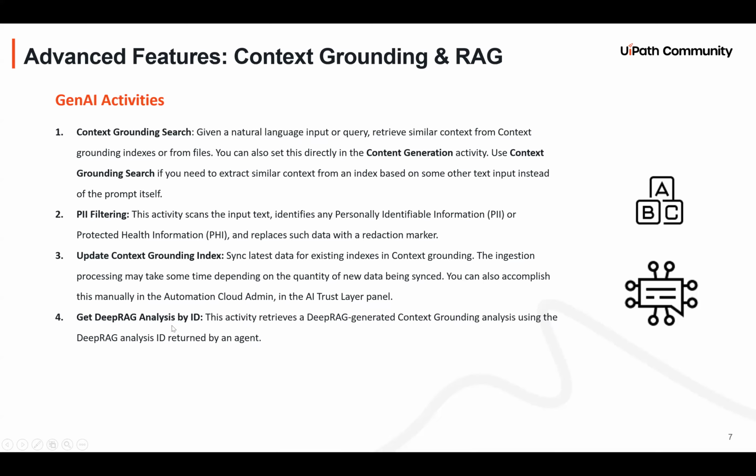And then, get deep RAG analysis by ID. We had RAG or context grounding, and then we have deep RAG. This is a deeper context grounding mechanism or algorithm, which will provide more accurate answers compared to normal context grounding or RAG.